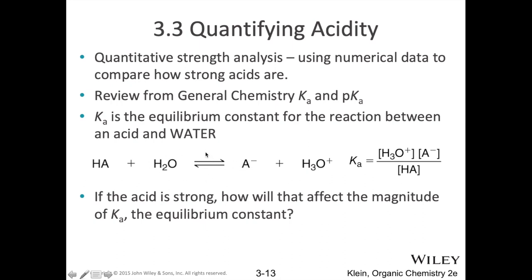Instead of an equilibrium arrow, for a strong acid you typically write a regular reaction arrow. With that in mind, what happens to your concentrations? Your hydronium and conjugate base are going to have large concentrations. So if the numbers in your numerator are very large, what's going to happen to the value of Ka? It will also be a large number. So that's something to keep in mind.